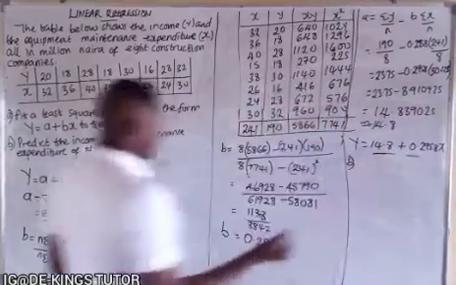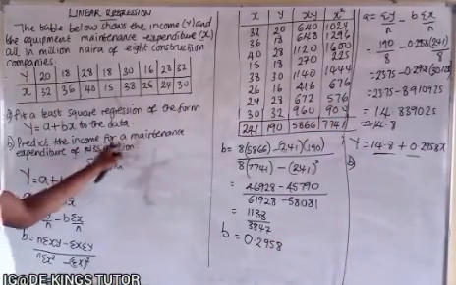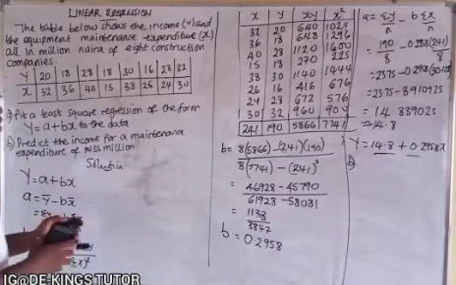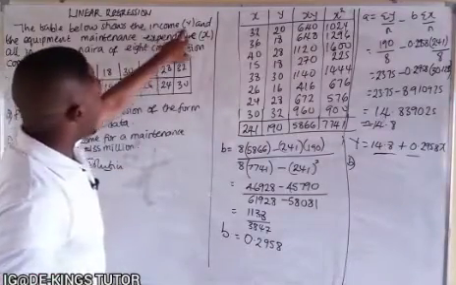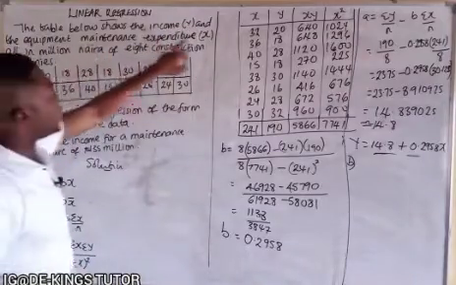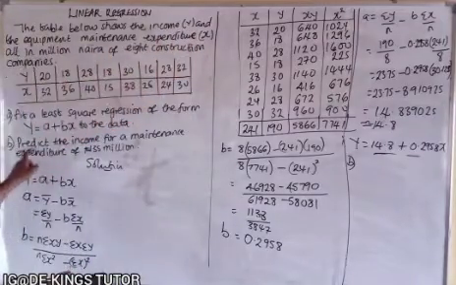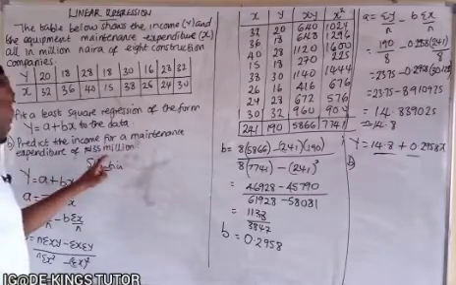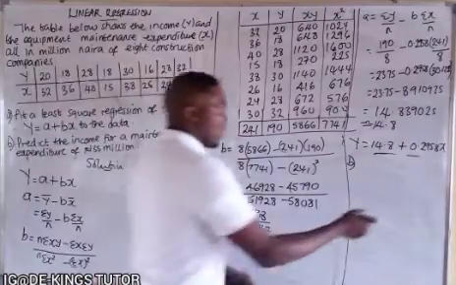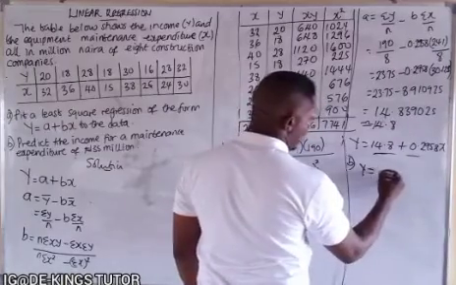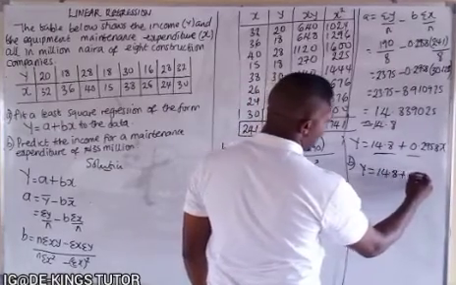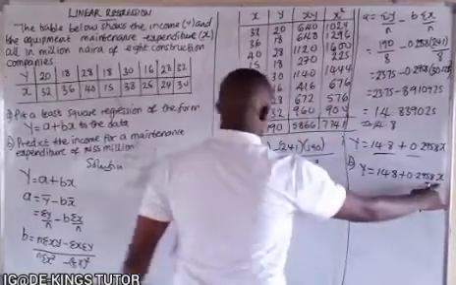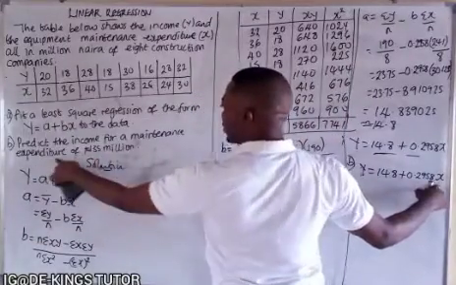Okay, B, they said predict the income for a maintenance expenditure of 35 million. Now you ask yourself, which is the income? They say the income is Y and maintenance expenditure is X. So using this form, Y equals 14.8 plus 0.2958x, where X is the 35 million, which is expenditure.